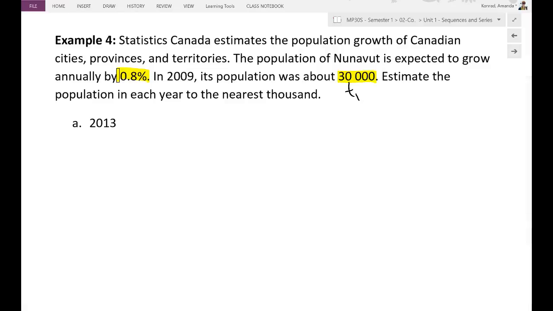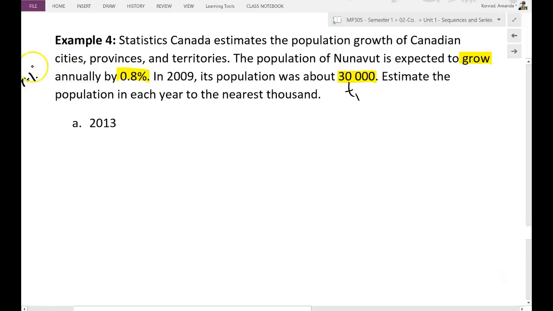But this is where it gets a little tricky. We are expecting growth. If we just take 0.8% and we don't add it back to that 30,000, we are going to run into big problems because it will shrink the number by a lot. So when we write R, there's 2 things we need to remember. We need to include our original population, which means we need a value of 1.